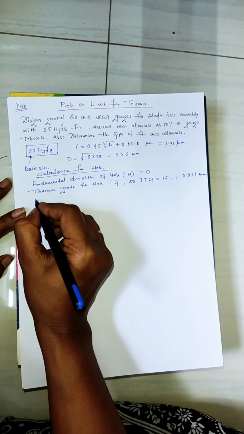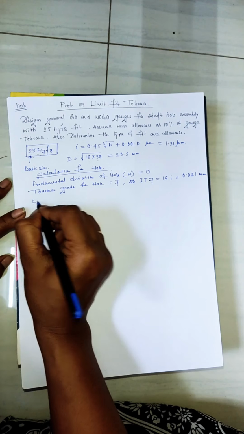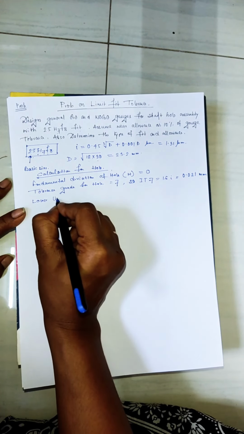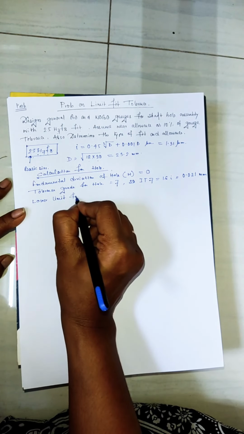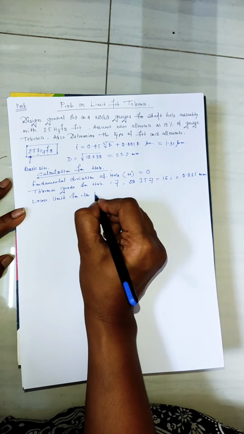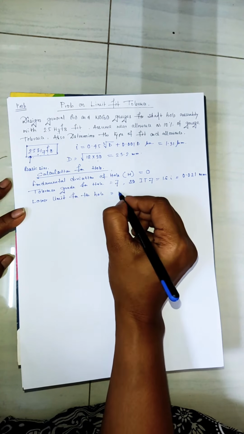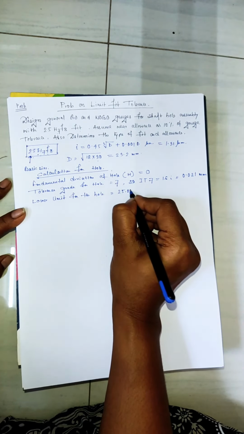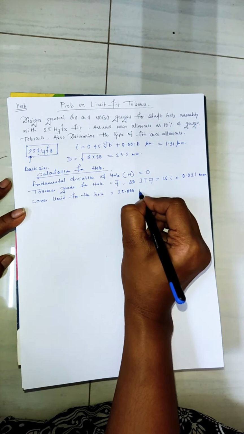So after that we calculate the lower limit for the hole. Obviously the lower limit for the hole is 25.00 millimeter.